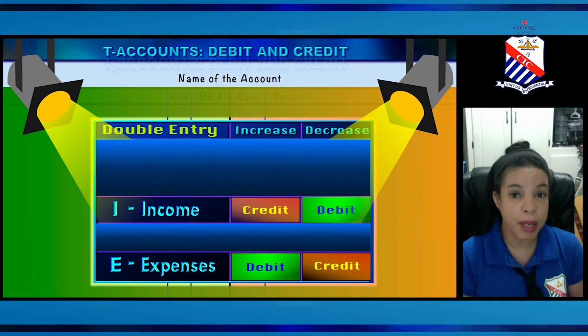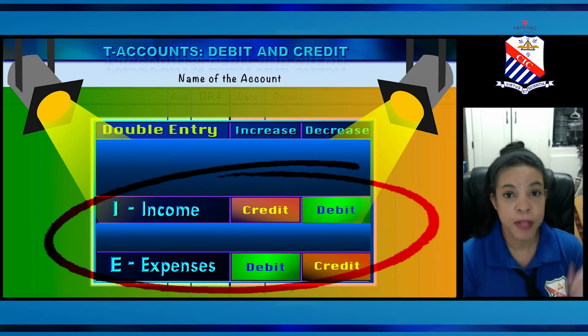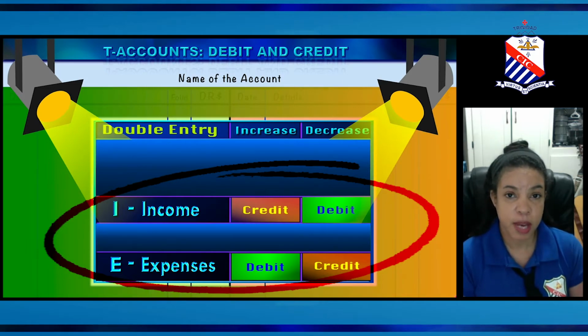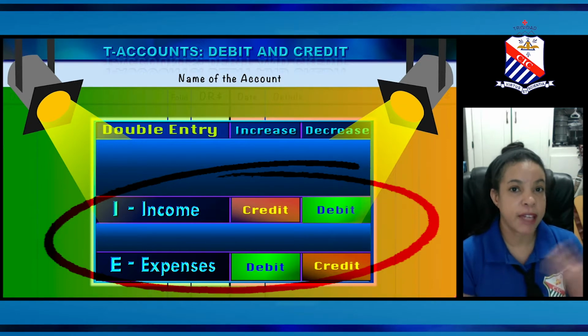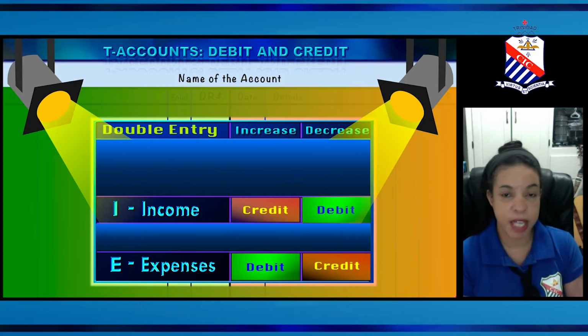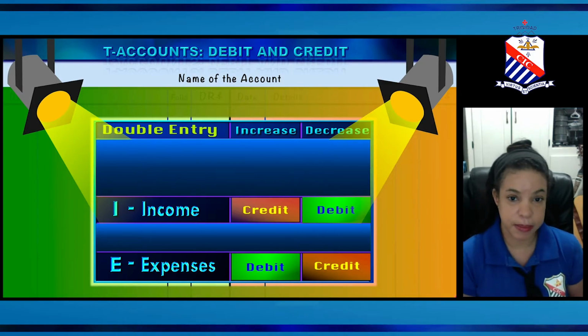And if you would remember, if you increase your expenses, you debit, and decrease you credit. And for revenue, it will be the opposite. If you're increasing your revenue, you're going to credit, and if you decrease, you're going to debit. So we're going to go into what items increase and decrease the expenses and the revenue, specifically in terms of the accruals and prepayments.